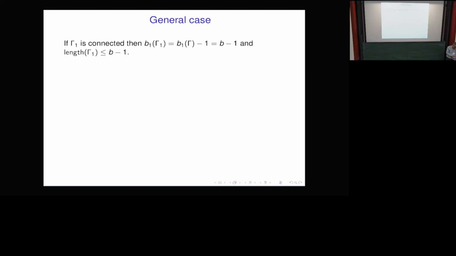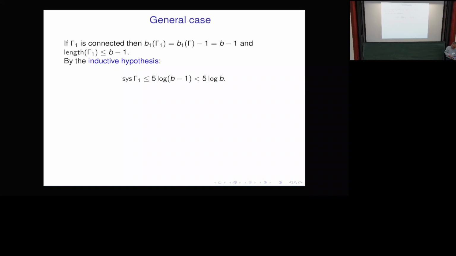Then by the inductive hypothesis, the systole of this smaller graph is smaller than this, if B is bigger than 6 now. And this is less than 5 log B, and I'm done, right? So just by induction.